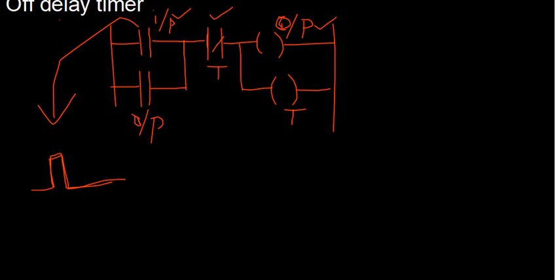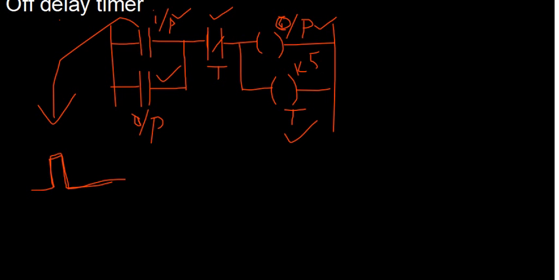Now the same output will make the timer coil also get activated. Once the timer coil is activated, depending upon the time period, let us say that it is K, after a certain time, depending upon the value of K, the timer will get reset.